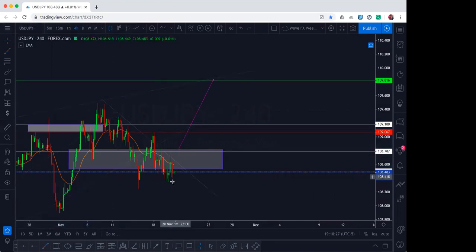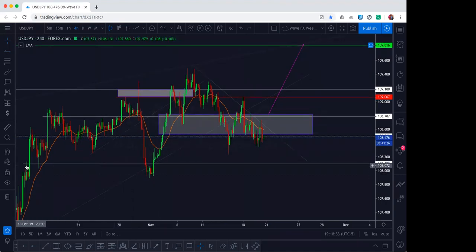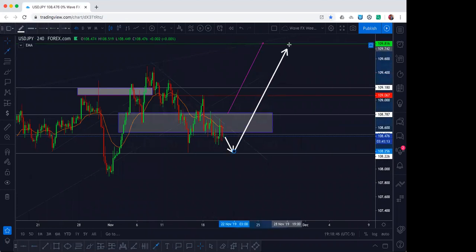So what I'd be expecting out of this market, if we were to get any move to the downside, is possibly just to tag back the previous lows from the week. So we might get the market to push down into this area and then simply continuation to the upside.